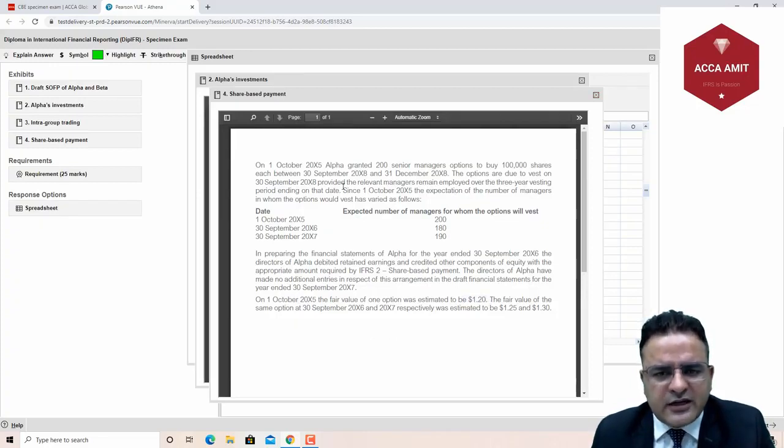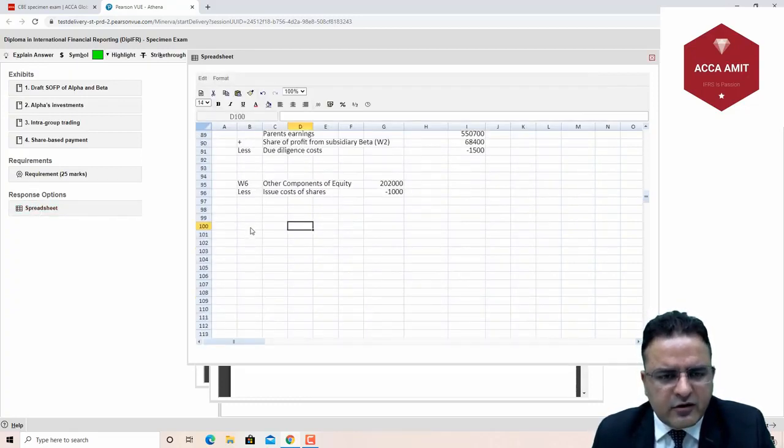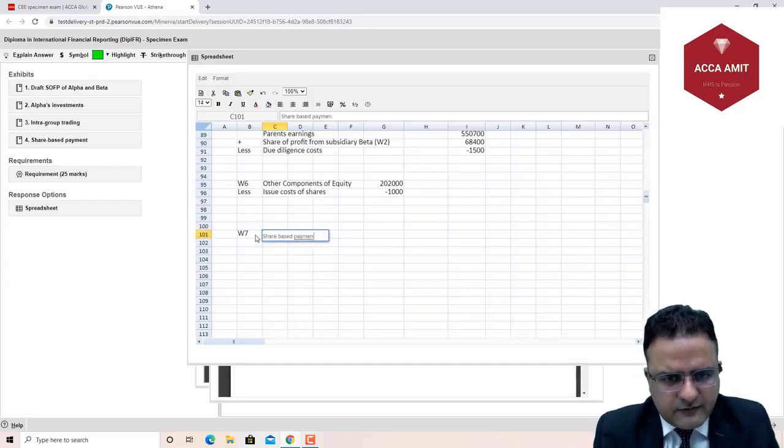There are 100,000 share options, 200 senior managers. So the total cost of share options will have a working note number 7 for dealing with share-based payments.